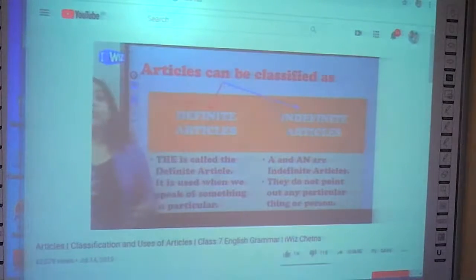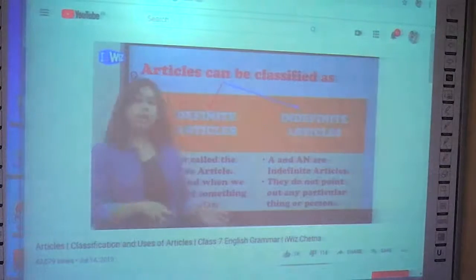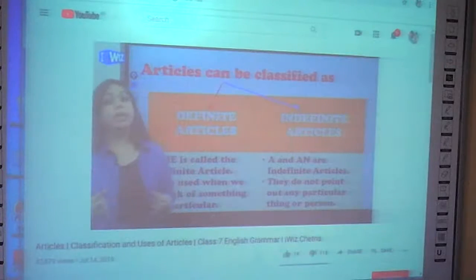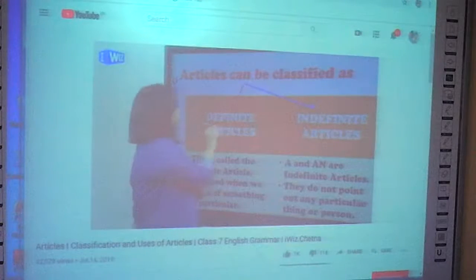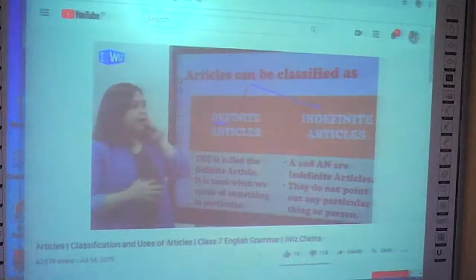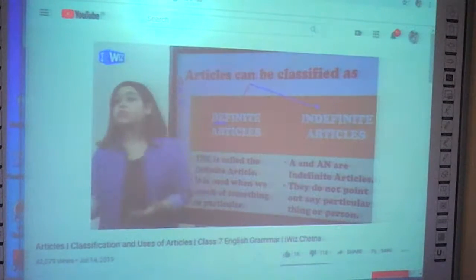Before getting into what they are, let's understand the meaning of the words. Definite is something that you're sure about, and indefinite is something that you're not sure about.